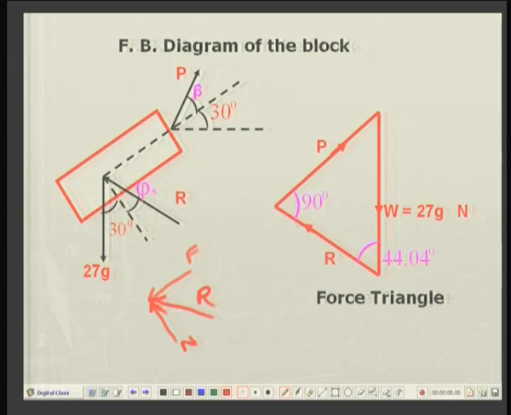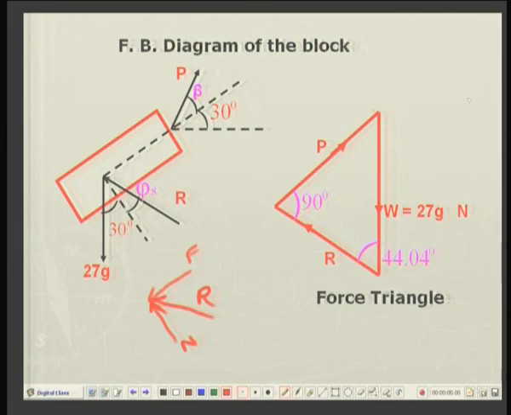So from this point we will draw a normal to the direction of R, and that will complete the triangle of forces, and this will give us the minimum force which will be capable of pulling the block up. This is the geometrical solution. You can do it analytically also by assuming an angle alpha and then minimizing the force.